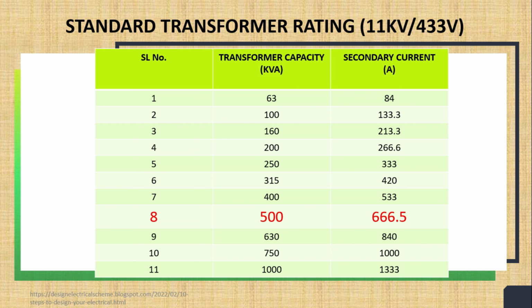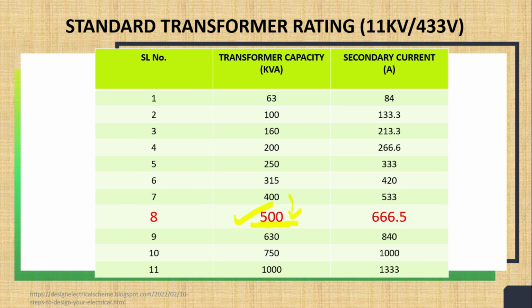These are the standard capacities of the transformers available in the market. Here, as per our calculation, we require a transformer of capacity 417.08 kVA. So, as per the given chart, after 400 kVA, the next available size of the transformer is 500 kVA. So, we can select 500 kVA as the required capacity of our transformer.